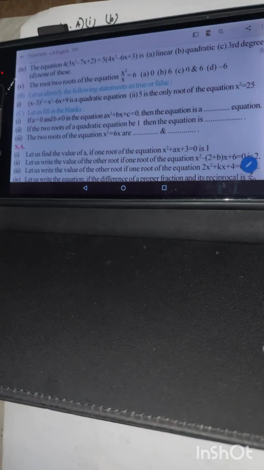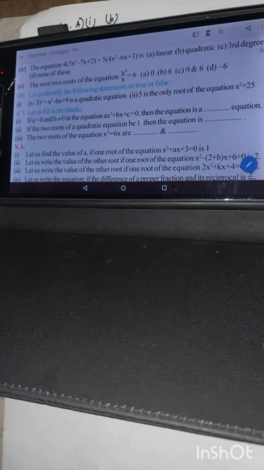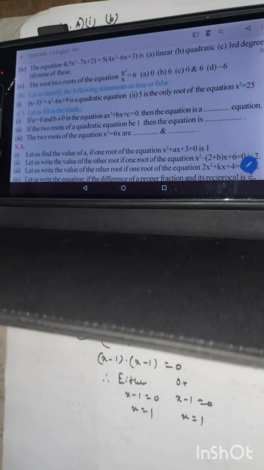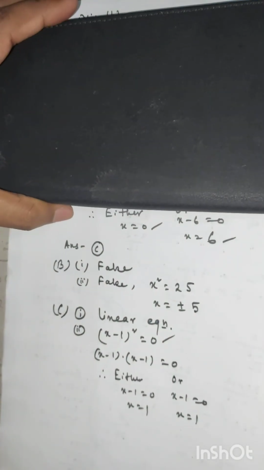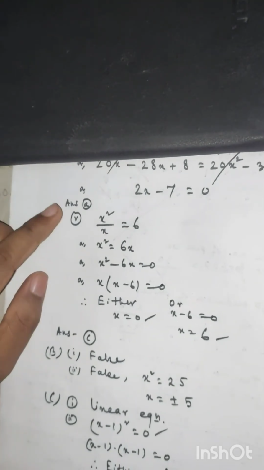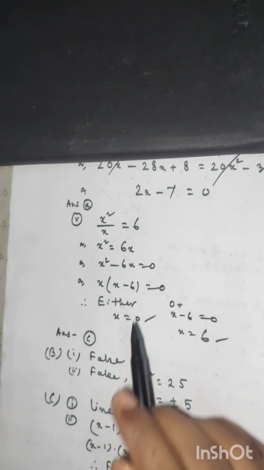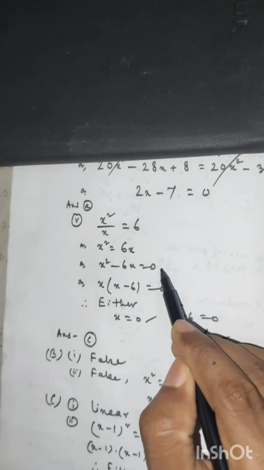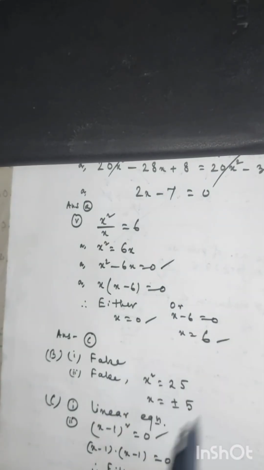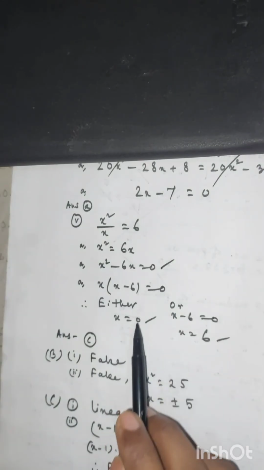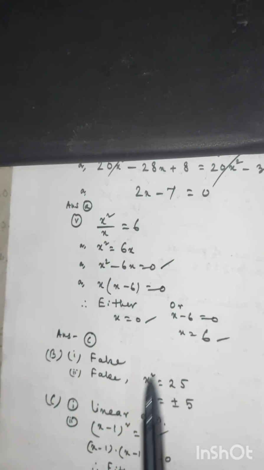Number 3. The two roots of the equation x square minus 6x are, we have just done it in question number 5. This is the given equation for the current question, and if we solve it, we get two roots, 0 and 6.